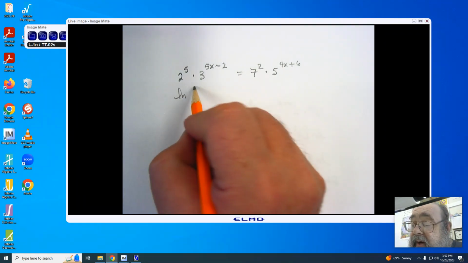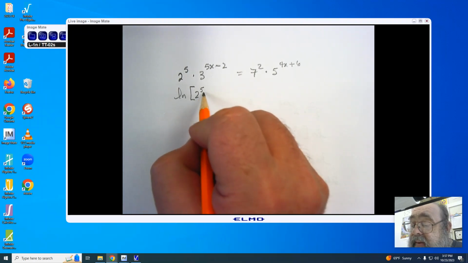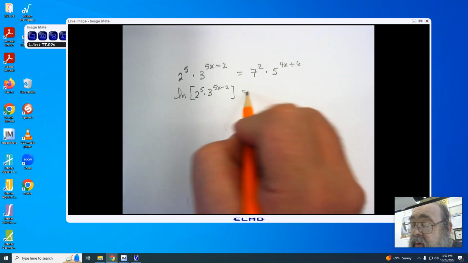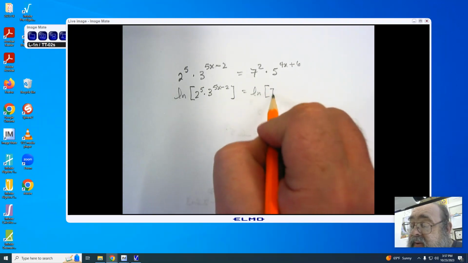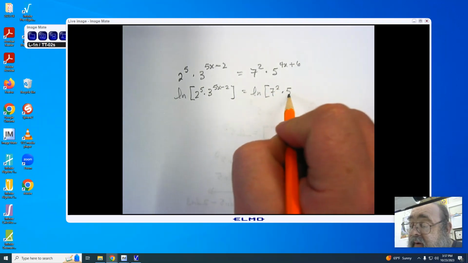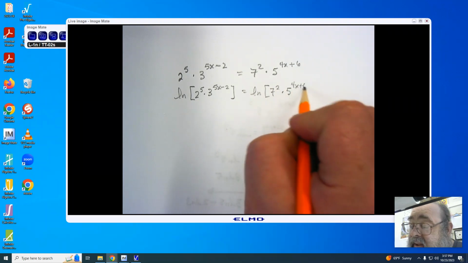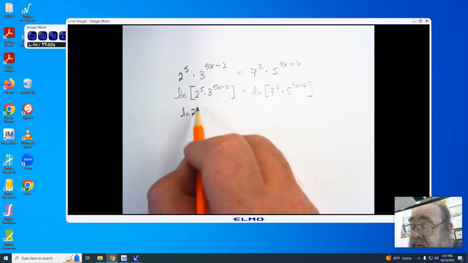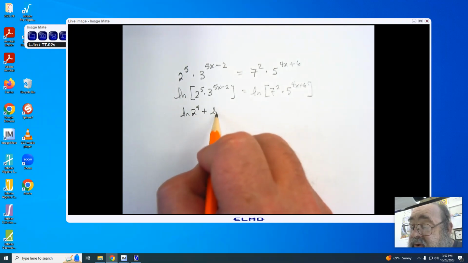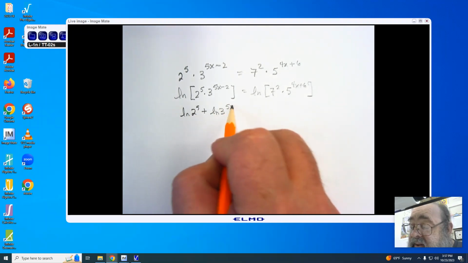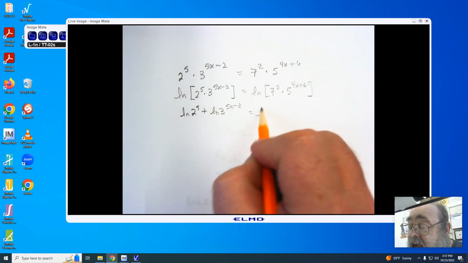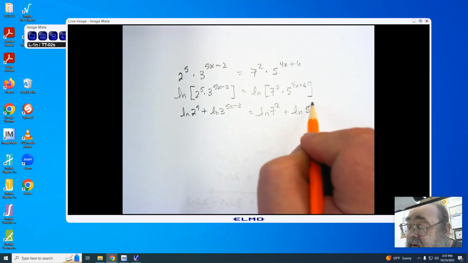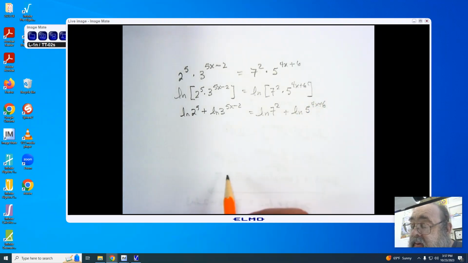We're going to start off with the natural log, 2 to the 5th, 3 to the 5x minus 2 equals the natural log, 7 to the 2nd times 5 to the 4x plus 6. This gives me natural log of 2 to the 5th plus natural log of 3 to the 5x minus 2 equals natural log 7 to the 2nd plus the natural log of 5 to the 4x plus 6.